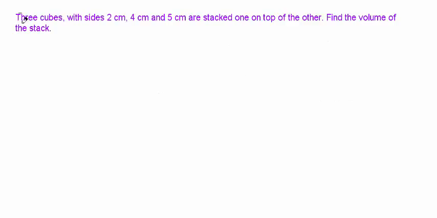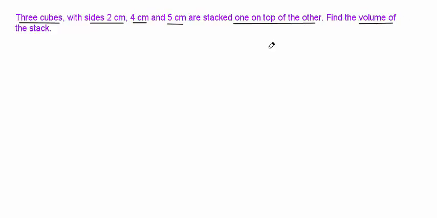Here's another one. 3 cubes with sides 2 centimeters, 4 centimeters and 5 centimeters are stacked one on top of the other. Find the volume of the stack. So we have 3 cubes. One is 2 centimeters on each side, length, width and height. The second one is 4 centimeters on each side. And the third one is 5 centimeters on each side.